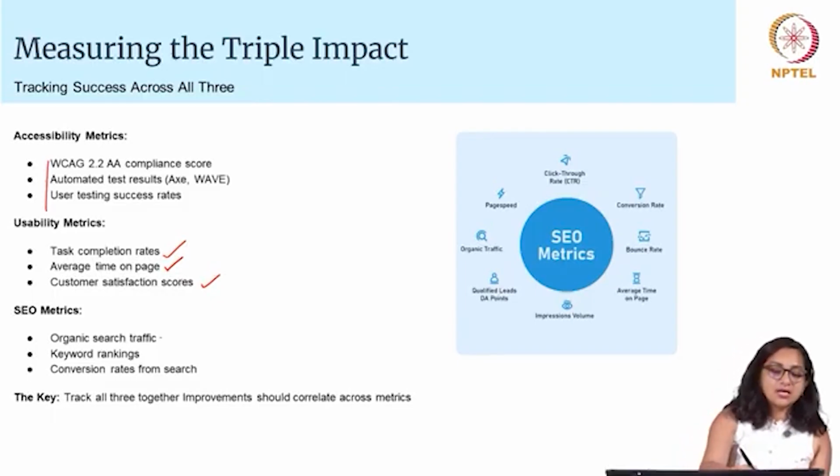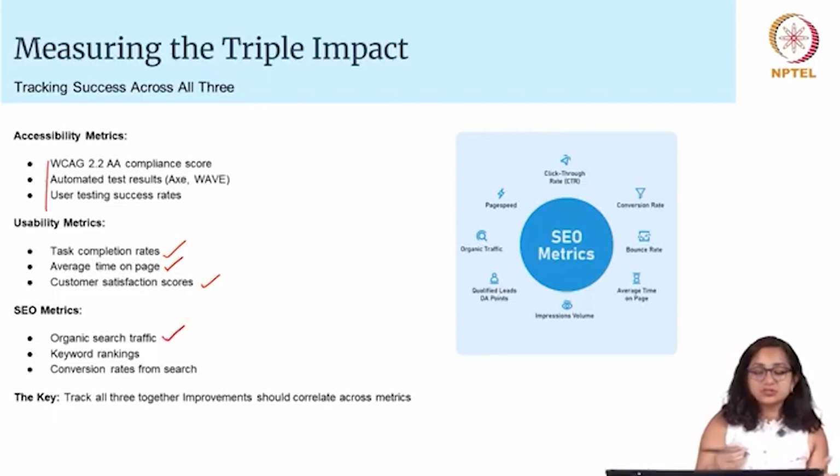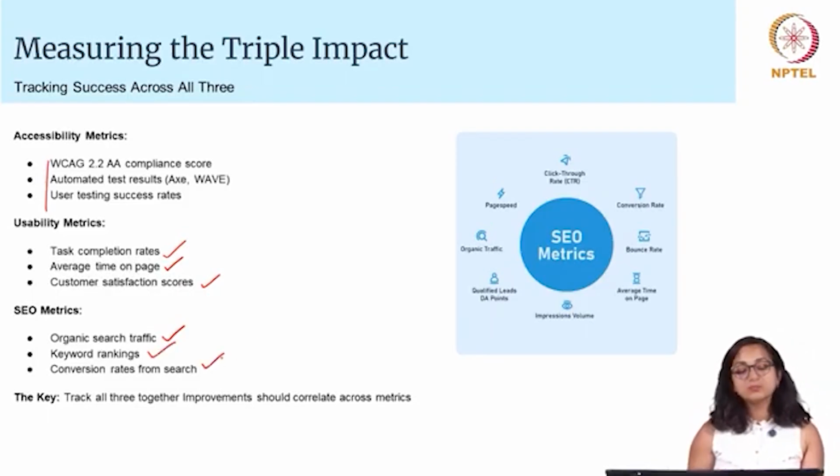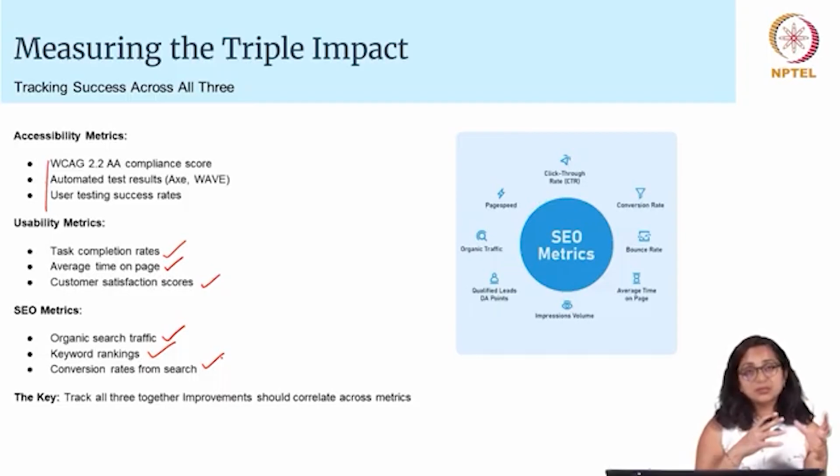SEO metrics are organic search traffic, keyword ranking, conversion rates from search. Tracking the improvements in all three together, they should correlate across metrics.